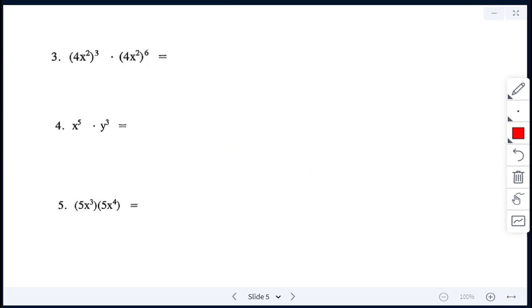Okay, so our next example here, we have a base of 4x squared. That's 4x squared, and this is a base of 4x squared as well. So in this case, we have to the power of 3 and to the power of 6. So we'll keep our base as 4x squared, and we're going to add those exponents, which was 3 plus 6.